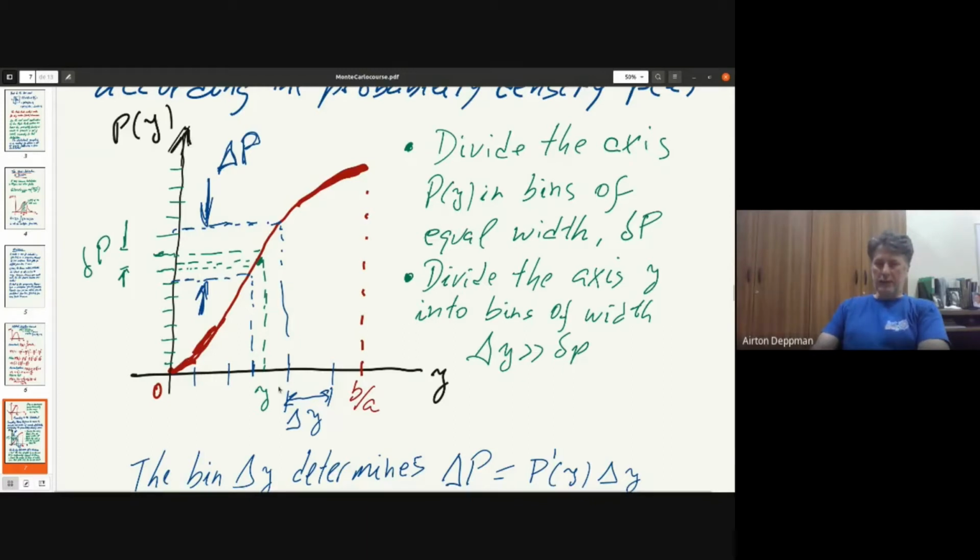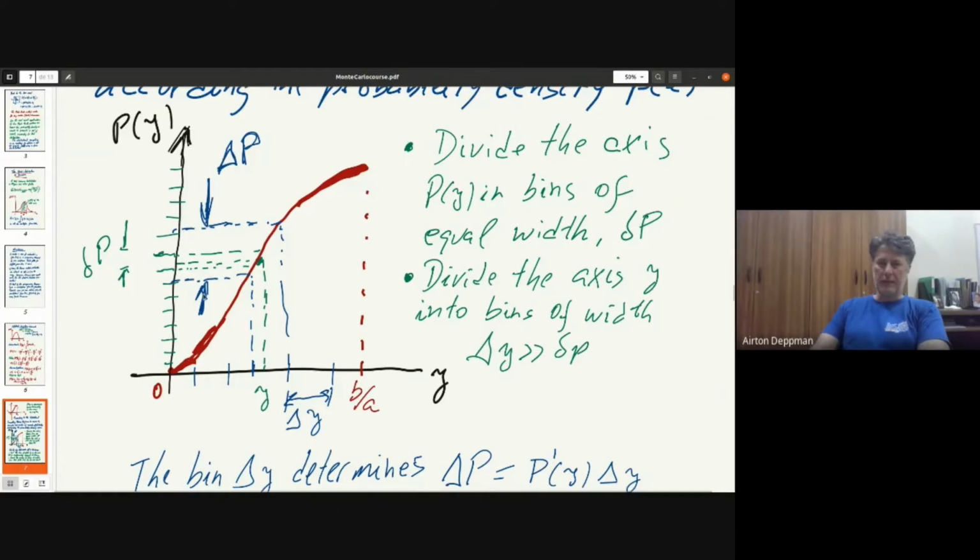Now let's look at the following. Every bin in the xy has width delta y, and they determine a range capital delta p in the vertical axis, in the axis of the cumulant function.